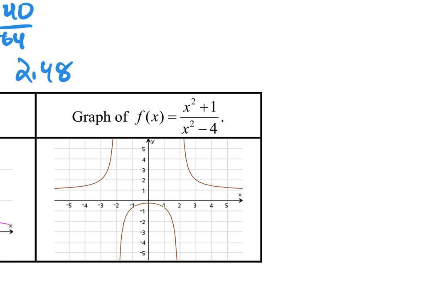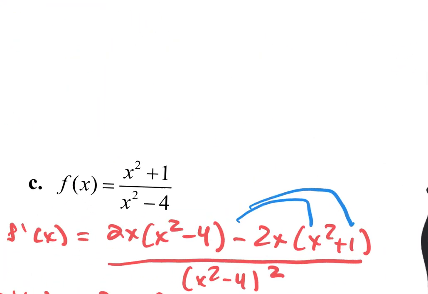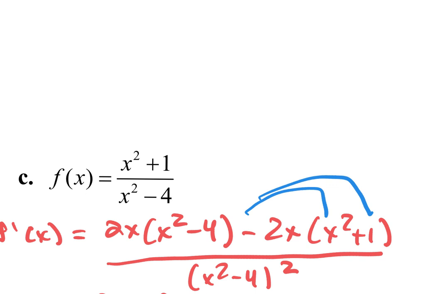And so one of the things we might want to do is think all the way back up at this function. We know that x cannot equal -2 or 2. So that rules out the possibility of them being critical numbers, and specifically in this case, they are not points of inflection.